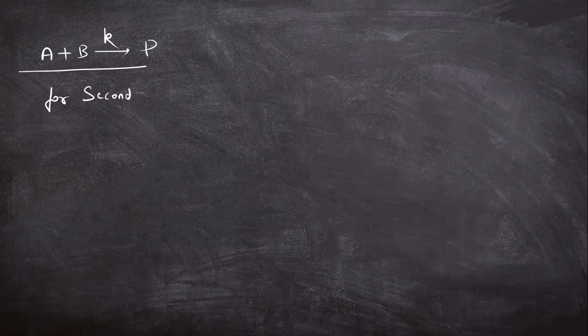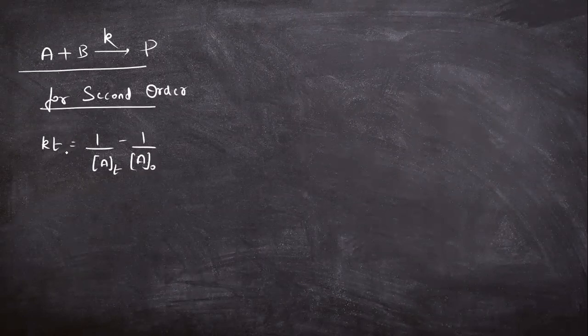So for a second order reaction, from chemical kinetics, there is one formula: KT will be equal to 1 upon AT minus 1 upon A naught. This formula is taken from chemical kinetics. If the reaction is second order, then we can simply write it like this.